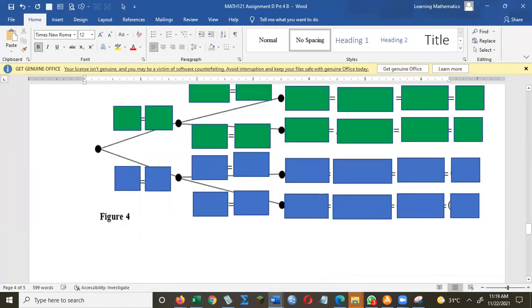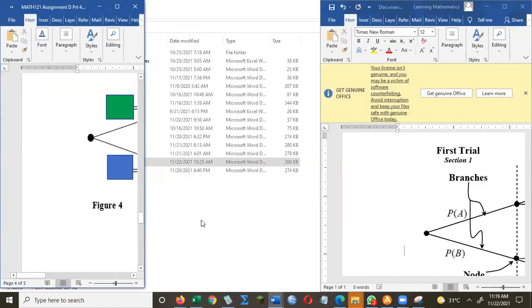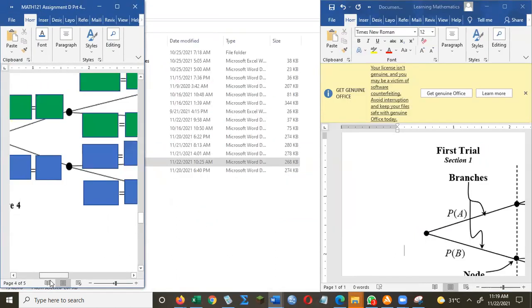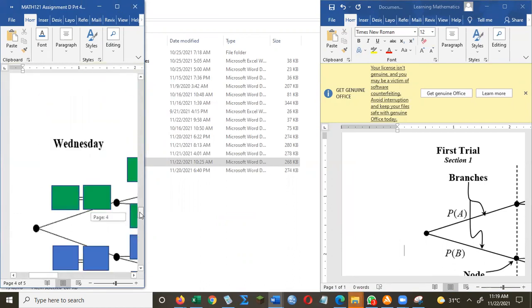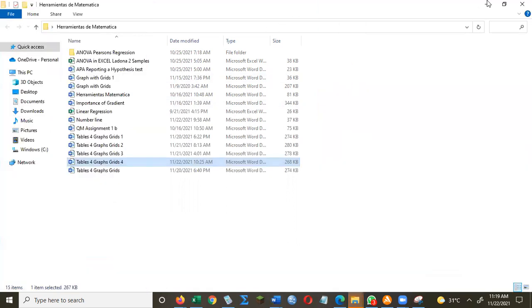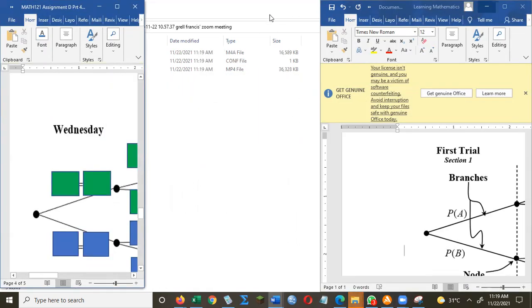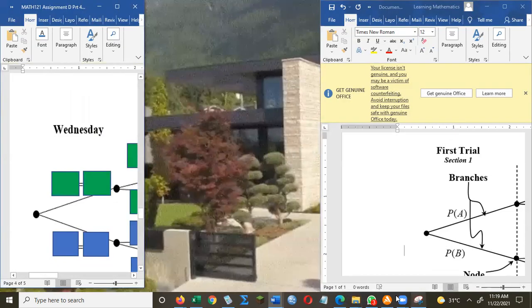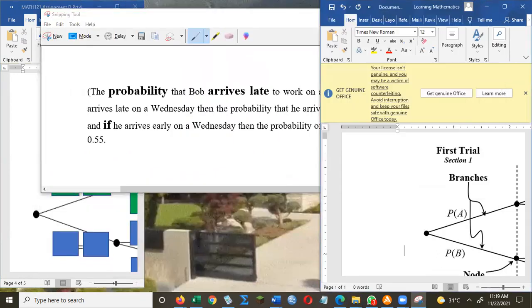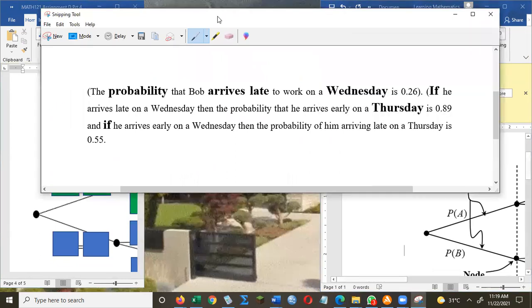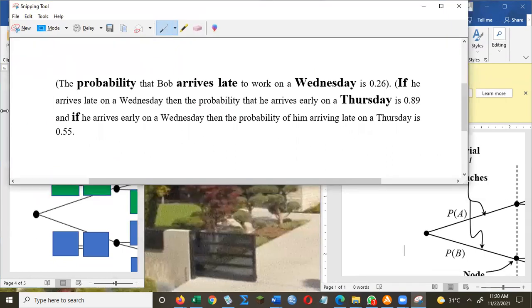The information will convey when and where the event is happening. The event will be a verb, arriving. The probability thereof, P for probability: the probability that Bob arrives to work late on a Wednesday. This sentence can be constructed into a diagram.